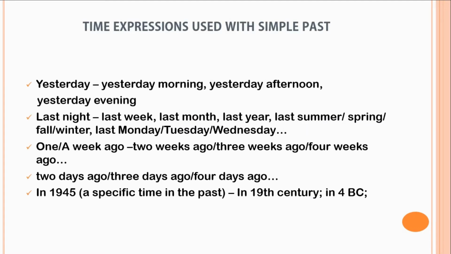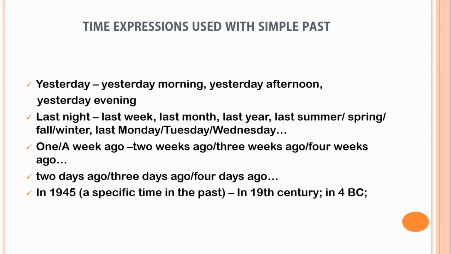These are some time expressions that are usually used with simple past. For example, we have yesterday, and we can also say yesterday morning, yesterday afternoon, yesterday evening. Last night, last week, last month, last year, last summer, last spring, last fall, last winter, last Monday, last Tuesday, last Wednesday, so on and so forth.